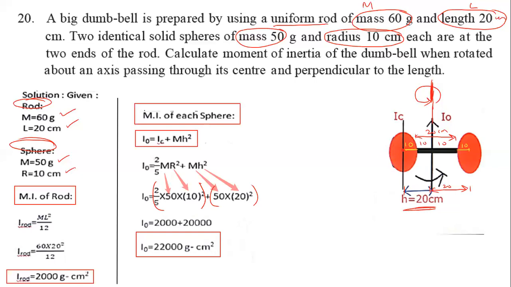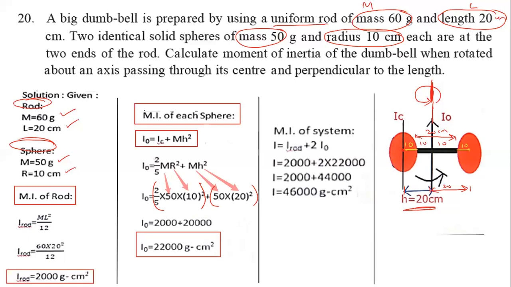Now we can find out the moment of inertia of the system, which they ask in the problem. So by using this formula, moment of inertia of the system is equal to moment of inertia of the rod plus moment of inertia of the spheres.